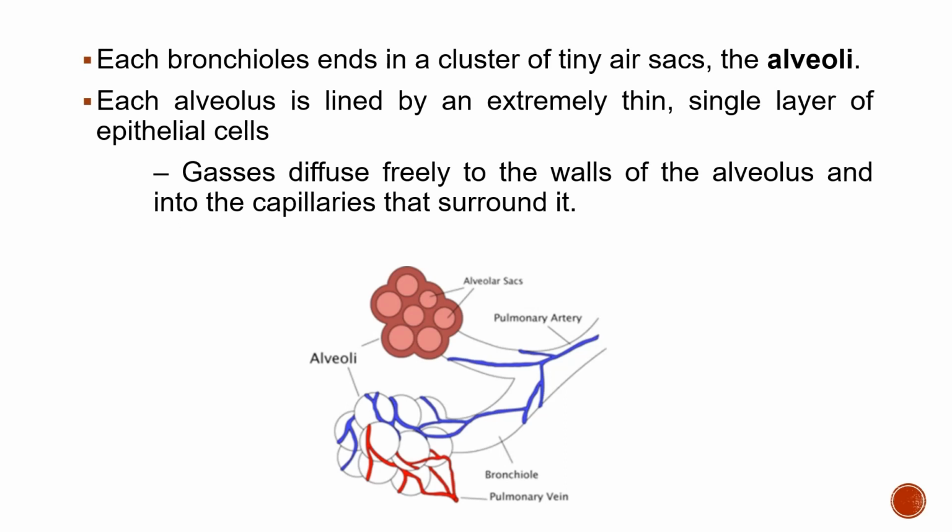Each bronchiole ends in a cluster of tiny air sacs, which are the alveoli. Each alveolus is lined by an extremely thin single layer of epithelial cells. Gases diffuse freely across the wall of the alveolus and into the capillary that surrounds it.